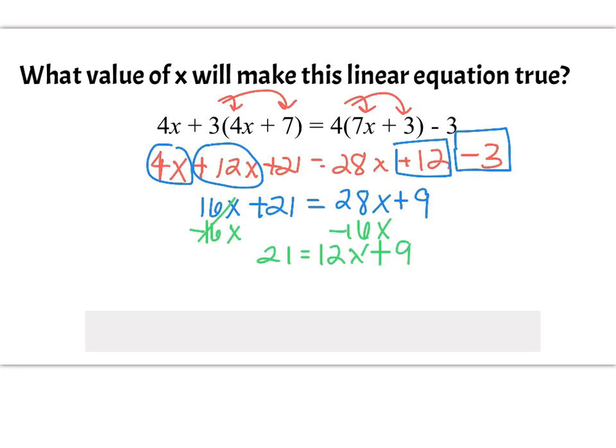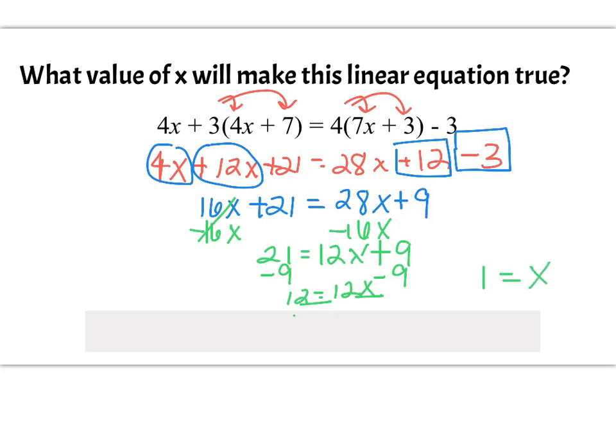Now I need to get rid of this constant, so I'm going to subtract 9 from both sides, and I'm left with 12 equals 12x. I'm going to divide both sides by 12, so 12 divided by 12 is 1.